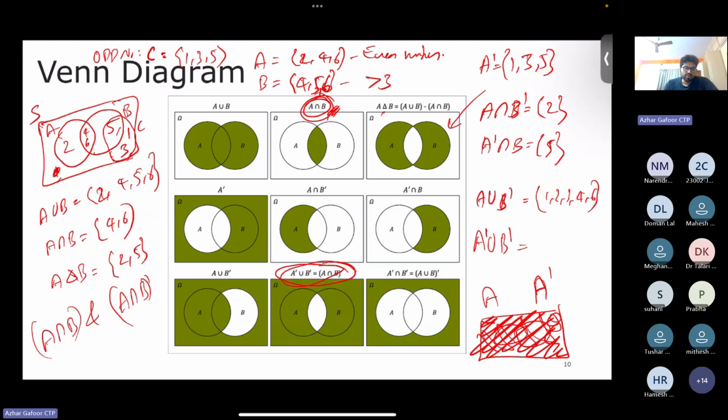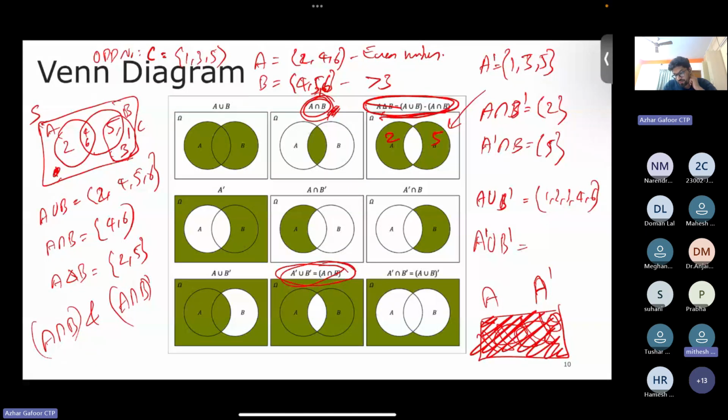So let's take this Venn diagram. As you can see in our example, this one had 2 and 5.